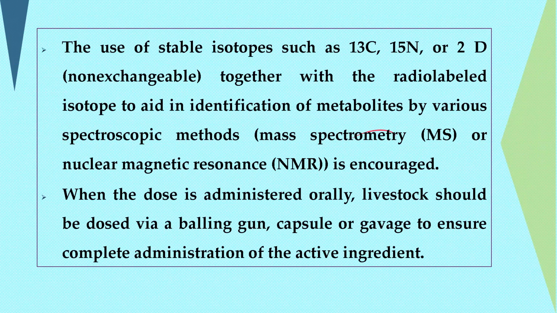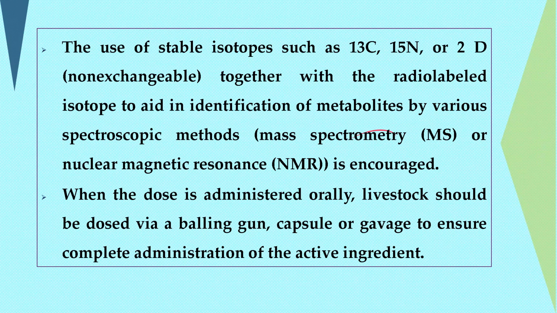The use of stable isotopes such as 13 carbon, 15 nitrogen, and 2D unexchangeable together with the radiolabel isotope to aid the identification of the metabolites by various spectroscopic methods, for example, mass spectrometry or nuclear magnetic resonance (NMR), is encouraged.